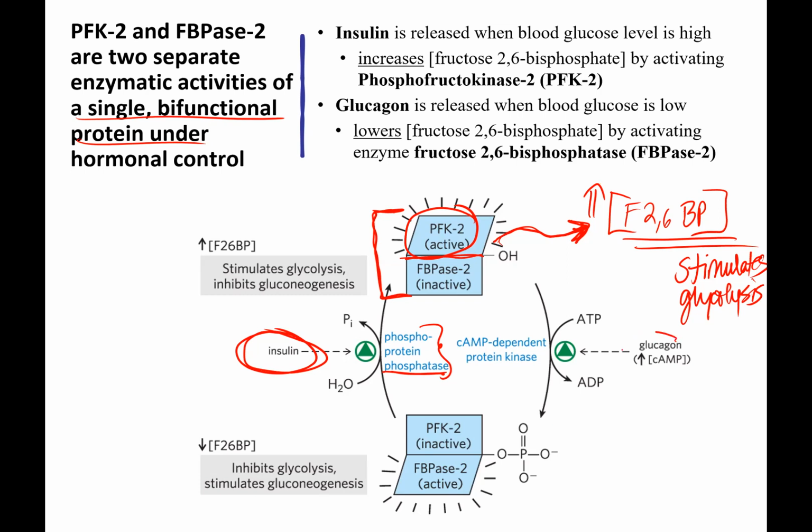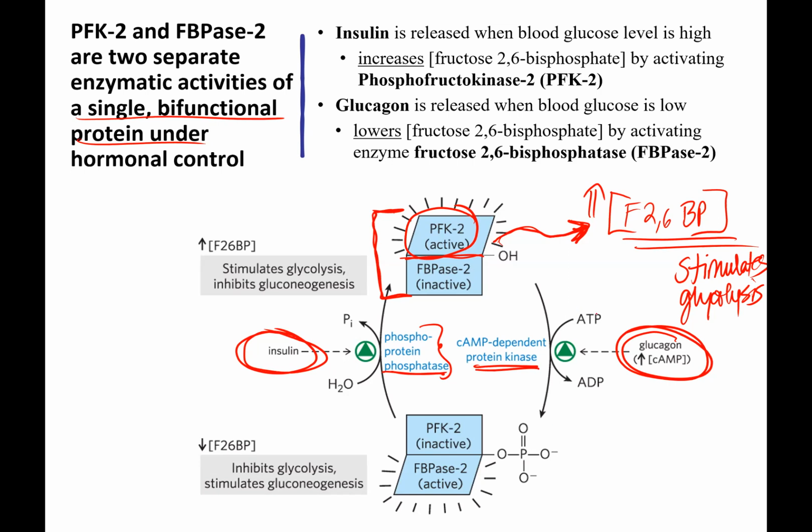Now we have high levels of glucagon, a different hormone, and it kicks off the activity of a protein kinase, more specifically cAMP-dependent protein kinase.